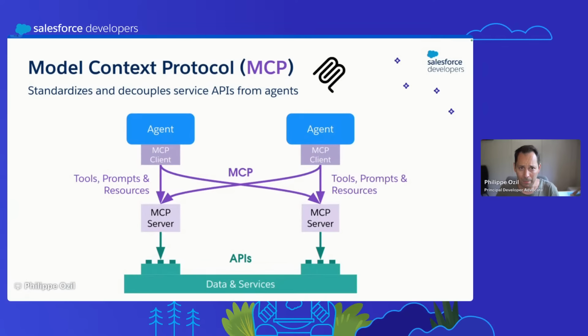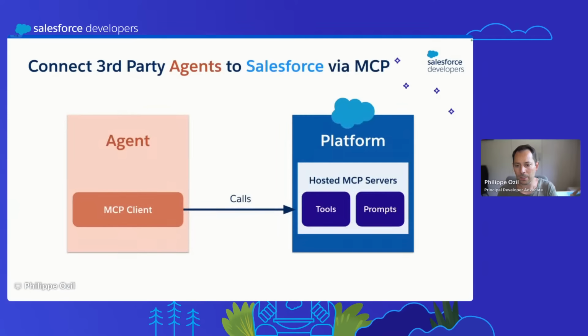Now, enough talking about generalities, let's focus on where Salesforce fits in this architecture. Obviously Salesforce ships agents, but we also offer a number of data, services and APIs. In the context of this particular session, we're going to work between third-party agents and data and services. How are we going to do this?